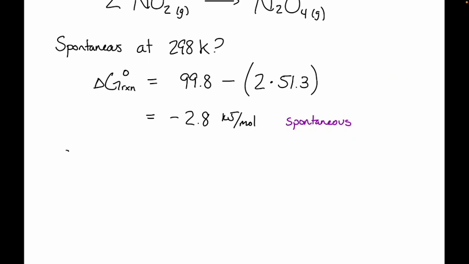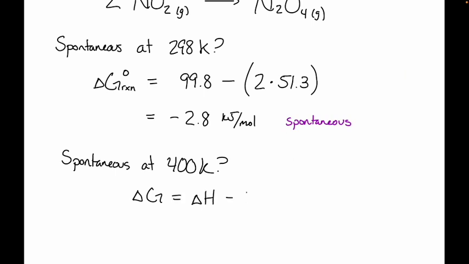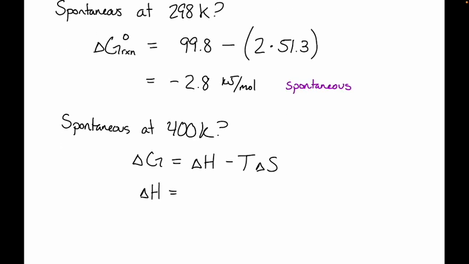Now let's say I want to know if it's spontaneous at 400 Kelvin. Now we're going to have to use the equation, delta G is delta H minus T delta S. And we're going to have to use our constants page to calculate what that delta H and delta S are.